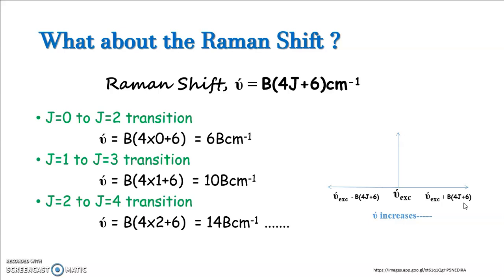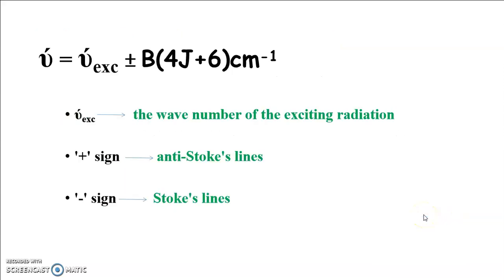Hence, the wave numbers of the corresponding spectral lines that we can observe in a rotational Raman spectrum are given by nu bar equal to nu bar excitation plus or minus B into 4J plus 6 centimeter inverse, where nu bar excitation is the wave number of the exciting radiation.